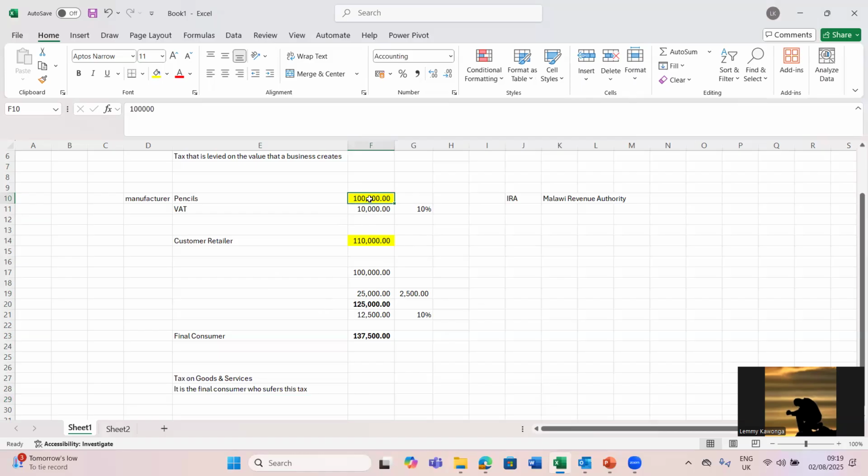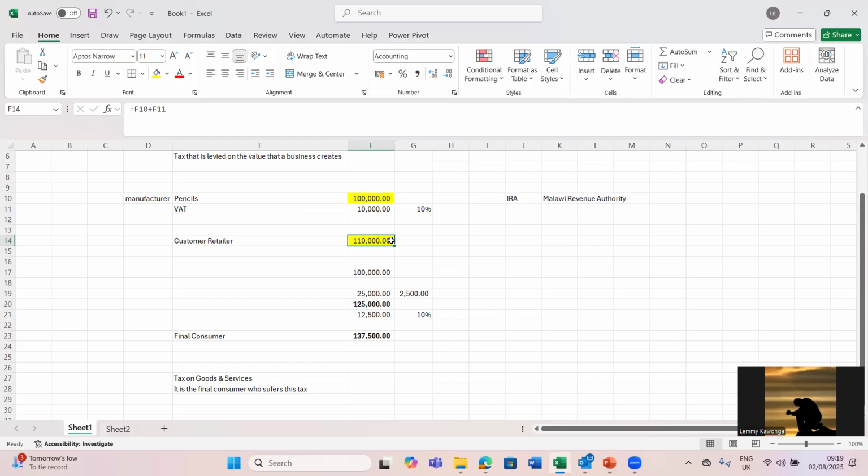So for instance, these pencils, if as a manufacturer we decide to use them ourselves, or let's say this retailer, not this manufacturer, if this retailer decides to use the pencils themselves, it means this retailer will pay the full amount, 110,000.